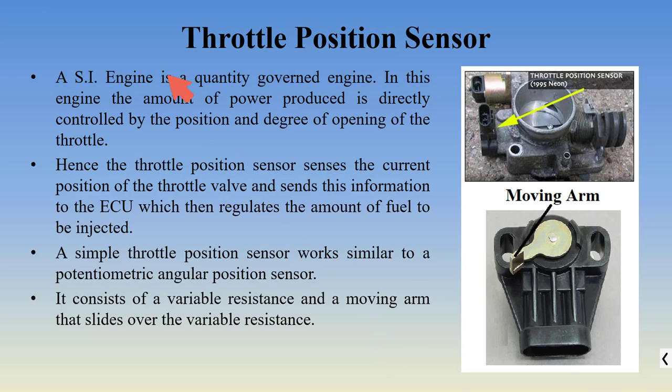So see, first sensor that we are going to see is the throttle position sensor. What is this sensor going to do? It is going to measure the position of the throttle, right? In our traditional engine, whenever we press the accelerator, the throttle moves, right? However, where is the throttle located?